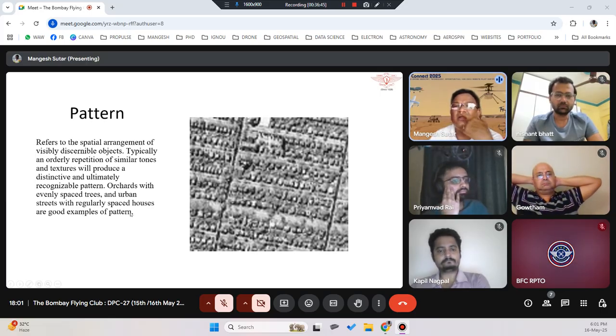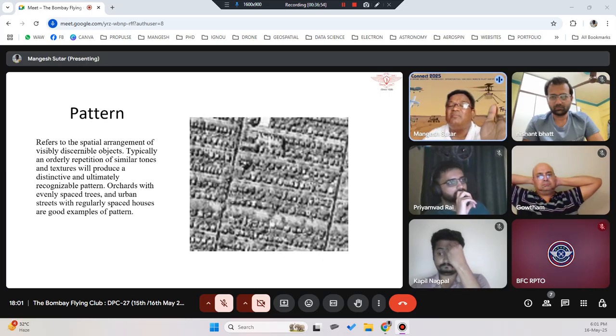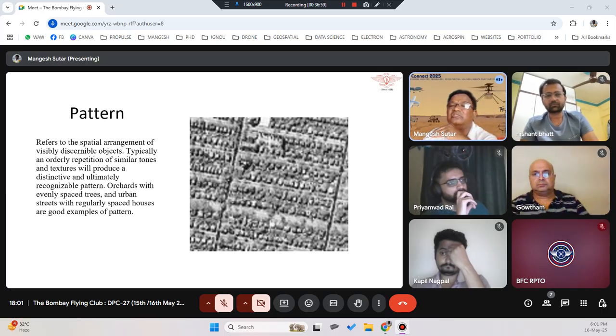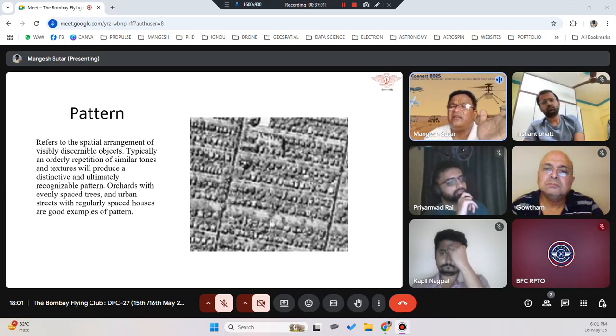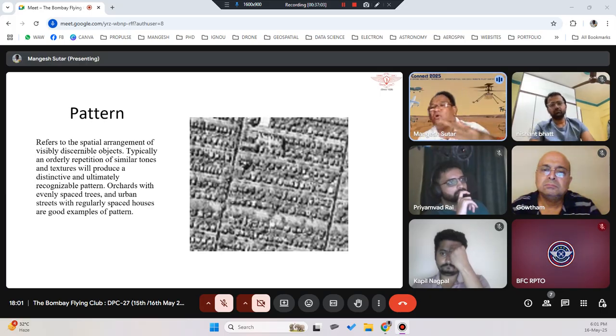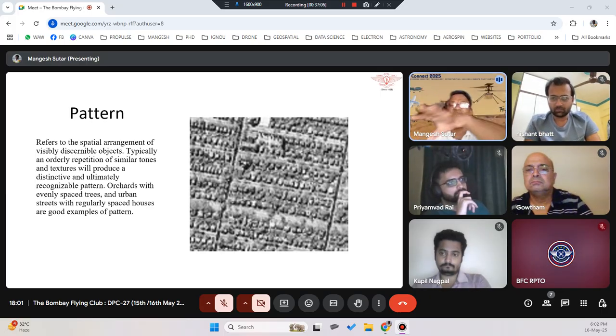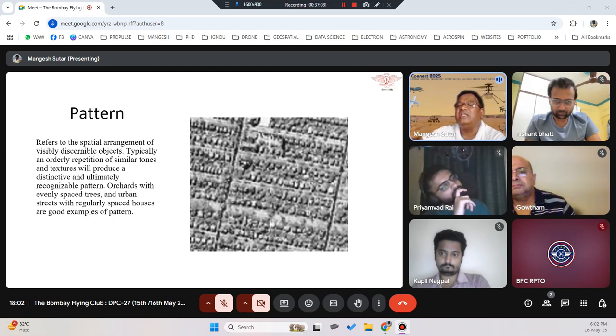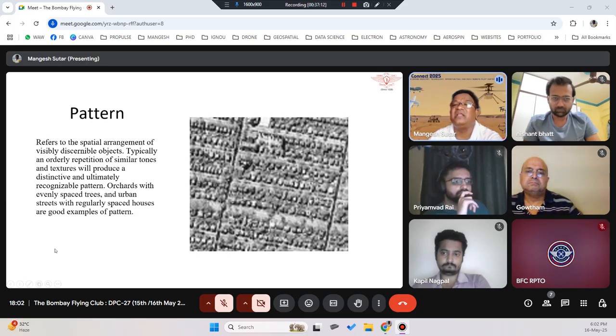We did a survey for one of the societies where they have built houses for low-earning communities. They built small houses, almost 500 to 600 of them, and they wanted aerial photography of that entire area. You could see how evenly placed they were, so the pattern was recognized easily. These are similar types of houses, with similar facilities everywhere.